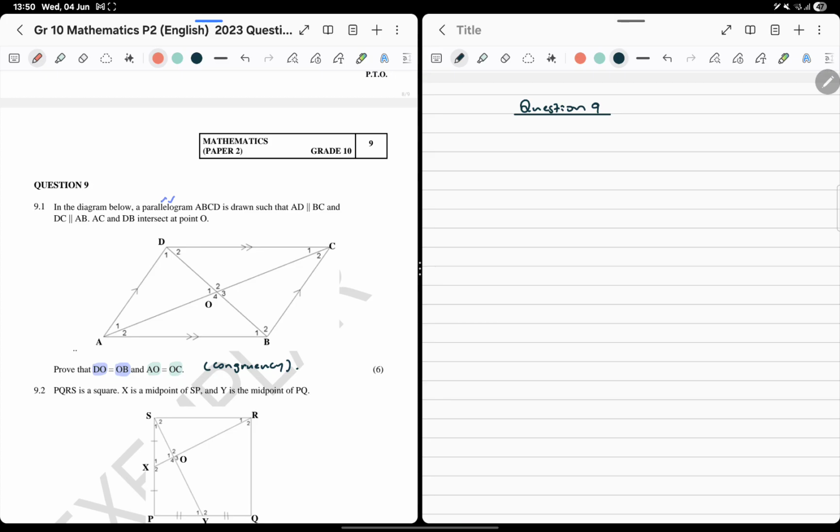First, we will look at these 2 triangles and prove that they are congruent.